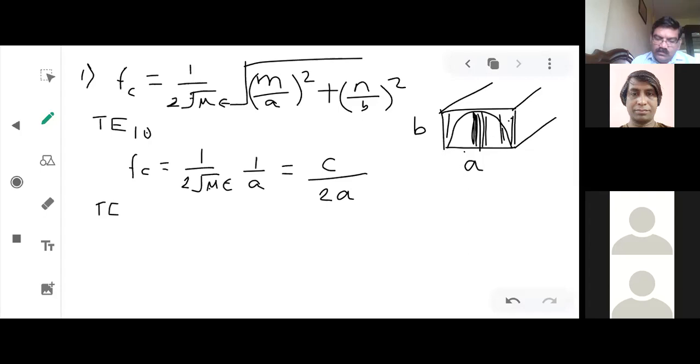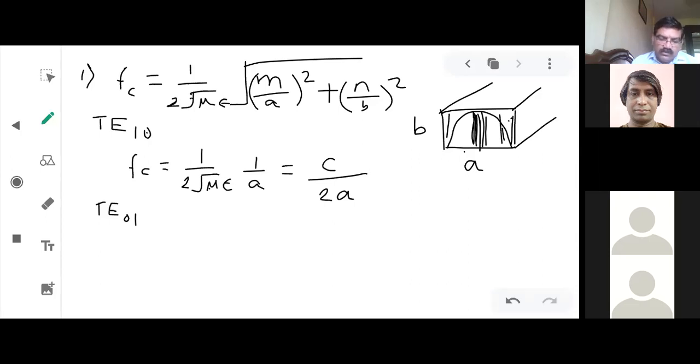Now let us consider another case, TE01 mode. Out of these two, we will see under which situation the frequency is going to be lesser, and whichever has the least cutoff frequency, that mode will be called the dominant mode.